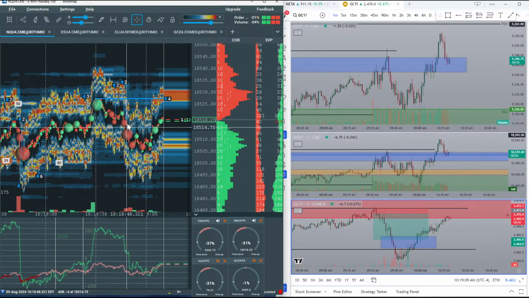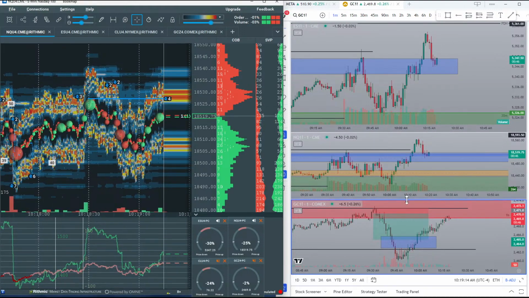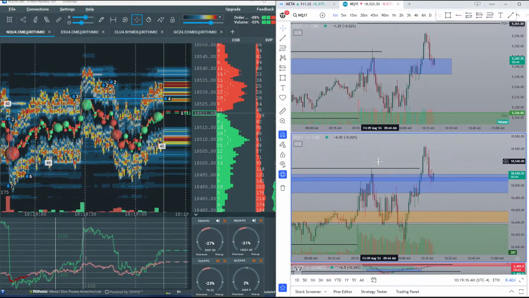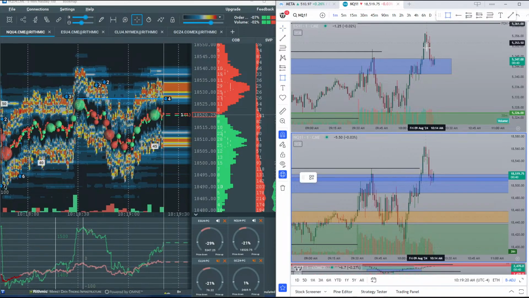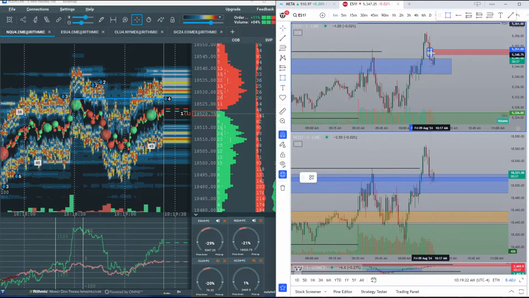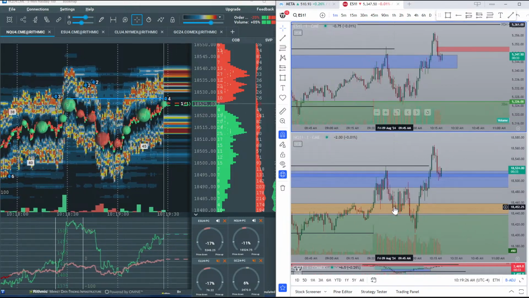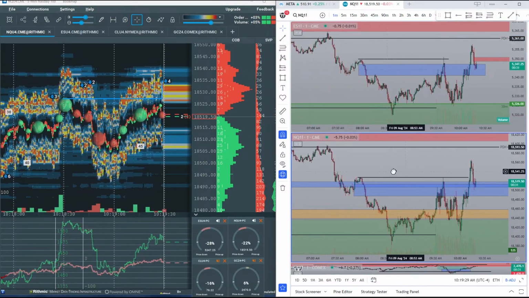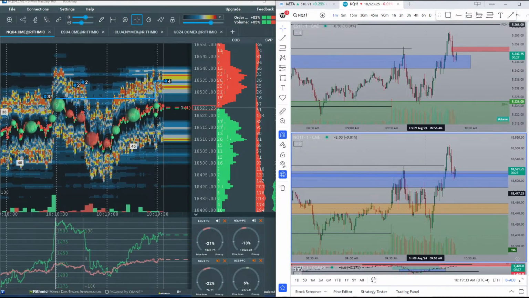Buyers to sellers. Pretty strong iceberg here on NASDAQ. Let's see. I still wanted a new high of the day on NASDAQ, so we'll wait. These icebergs are getting moved.